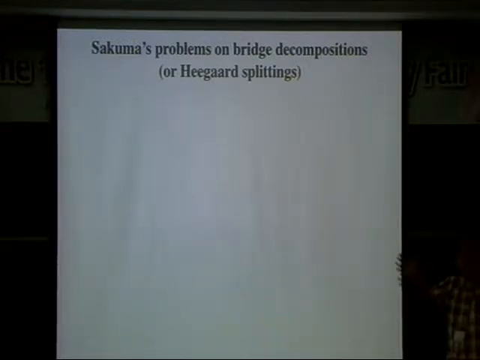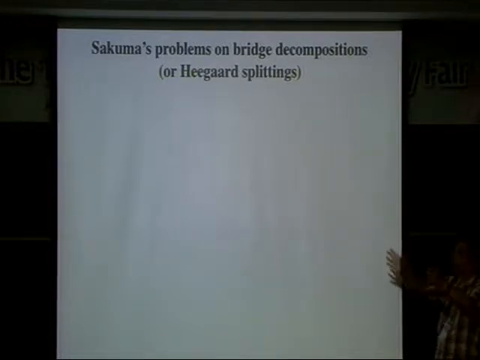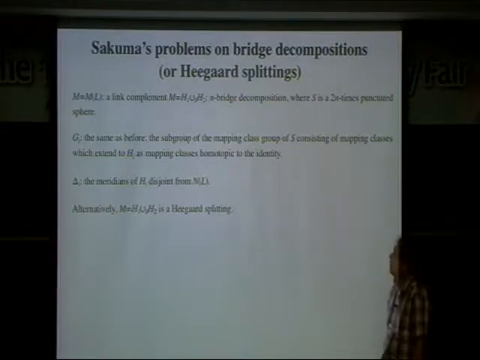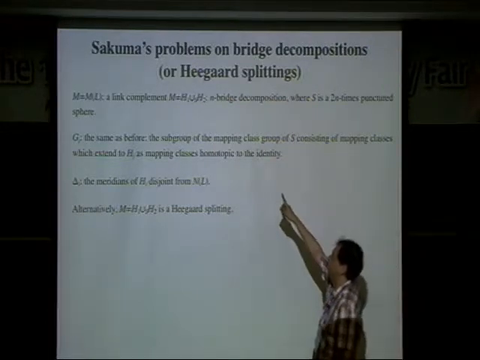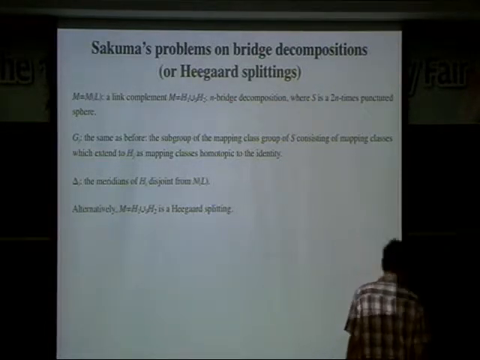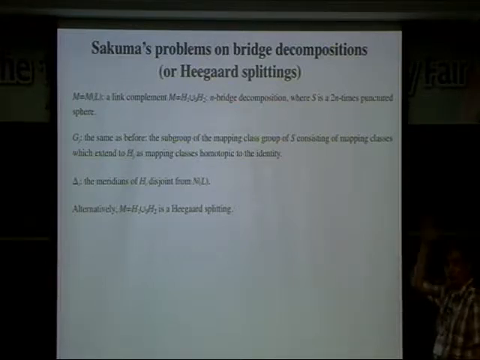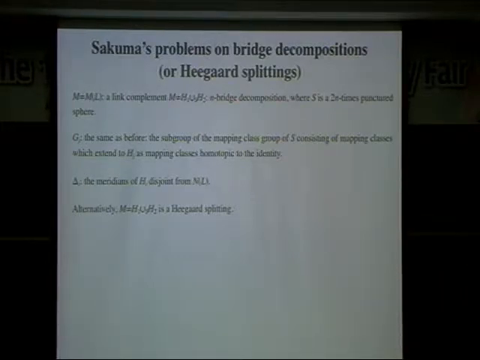When we say that a knot has an n-bridge decomposition, it means you have a 2n times punctured sphere decomposing a link into two trivial tangles. So you consider a link complement and suppose it has an n-bridge decomposition, that is, the decomposition along the 2n times punctured sphere.